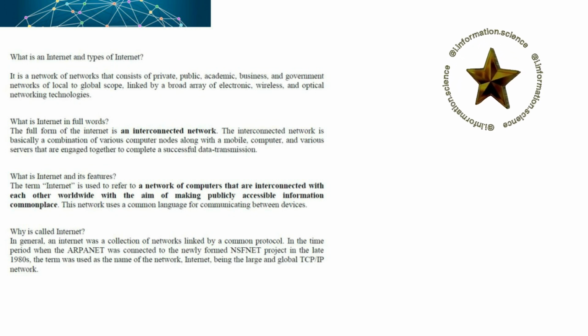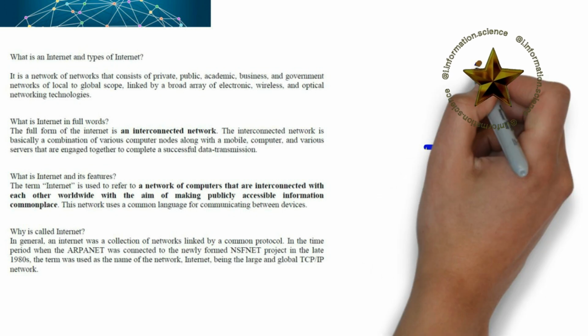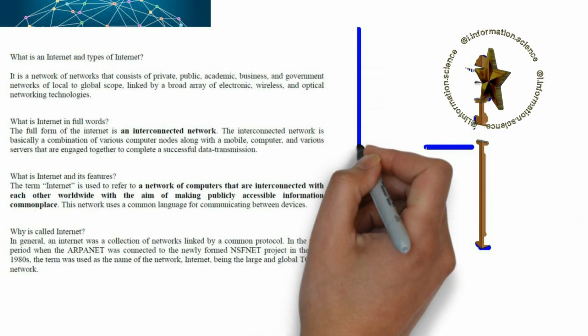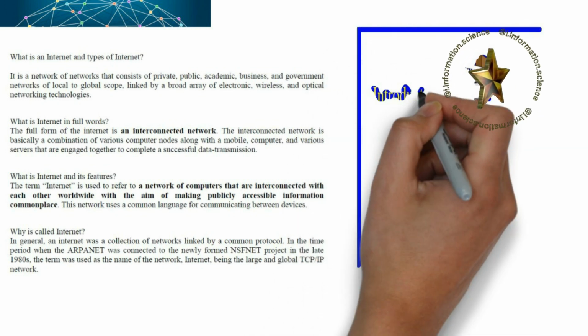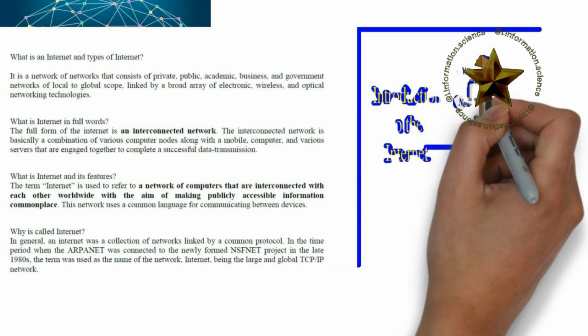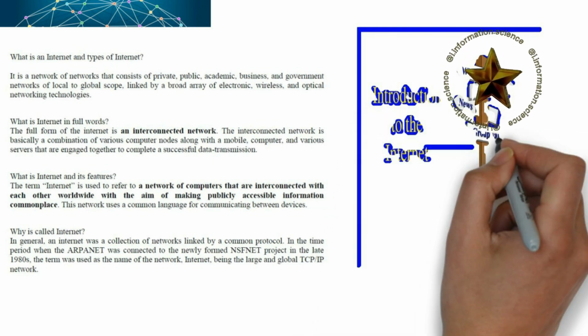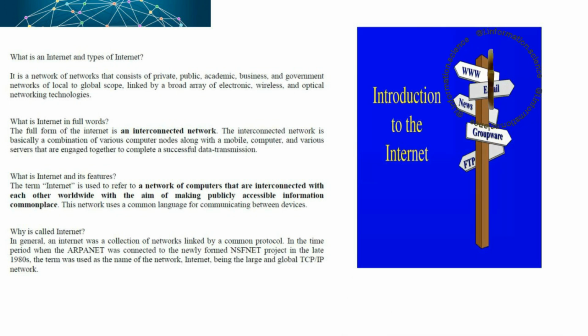In general, an Internet was a collection of networks linked by a common protocol. In the late 1980s, the ARPANET was connected to the newly formed NSFNet project, and the term was used as the name of the network, Internet, being the large and global TCP/IP network.